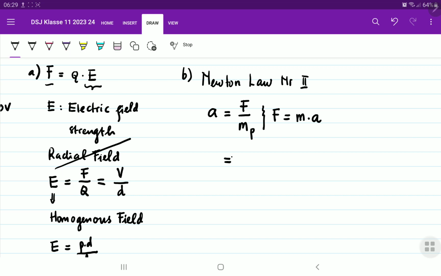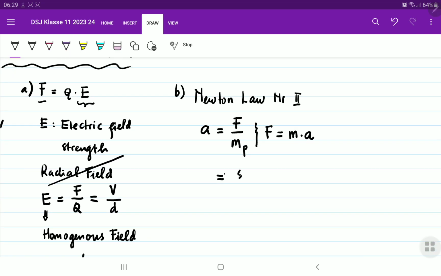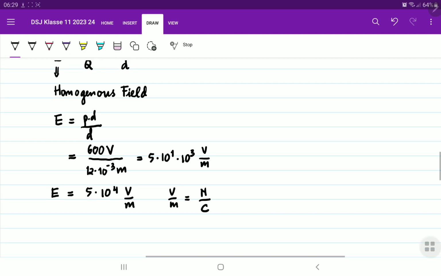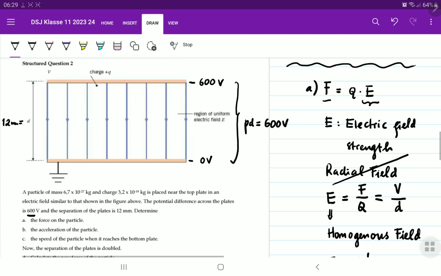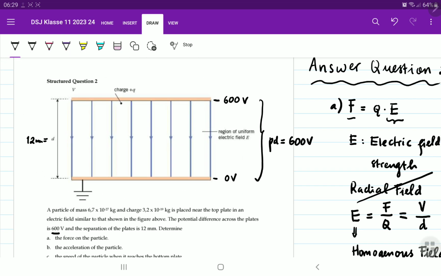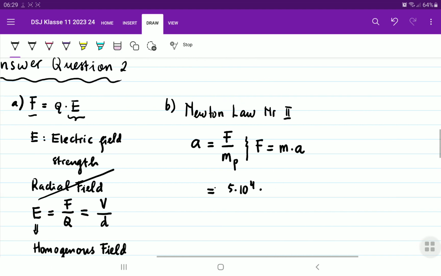We know the force acting on the particle, which is 5 times 10 to the 4, which is the electric field strength times the charge. The charge, by the way, I forgot to calculate in question A.